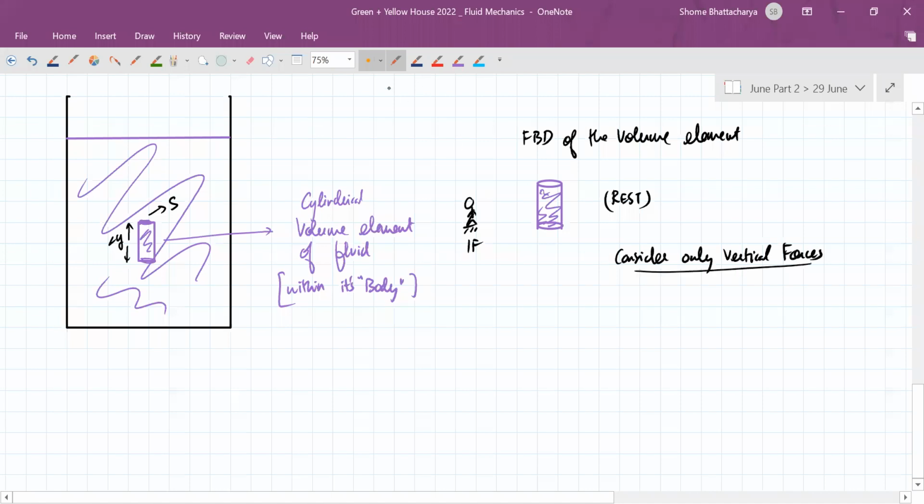So what are the vertical forces acting on it? We can clearly understand that obviously it has its own weight, the gravitational pull of the earth, written as delta m g, where delta m is the mass of that part. But there is also some force due to pressure acting from below.